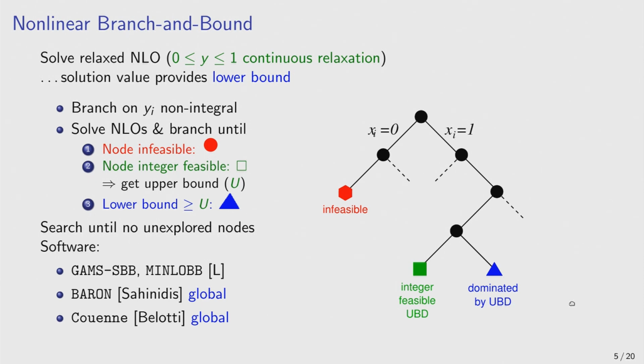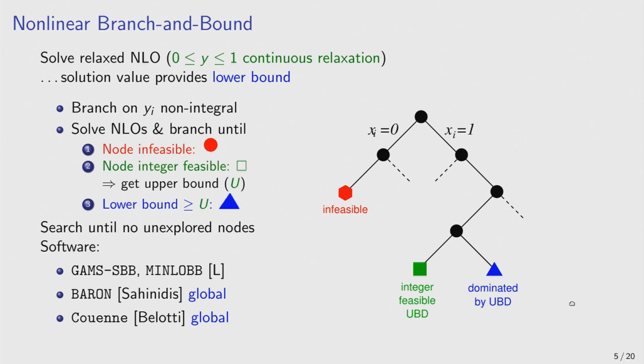And if this node is infeasible, then we also know that adding more constraints will not create a feasible problem. So we know there are no feasible solutions below this node here, and so we can effectively stop searching the tree at this point. So this is where we don't have to go any further.